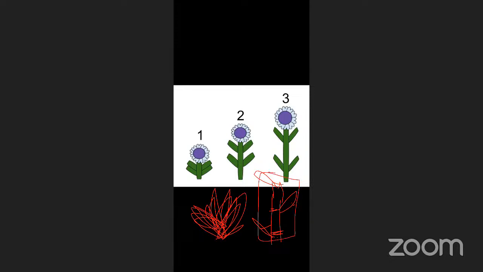But before gibberellin, these nodes and internodes are closely, compactly arranged: node, and again node, and again node. Due to this arrangement, the leaves are also very closely arranged. So this type of arrangement is called rosette formation.